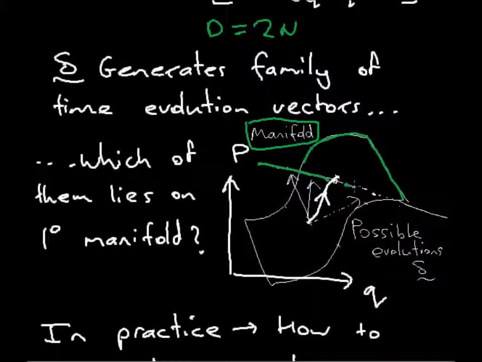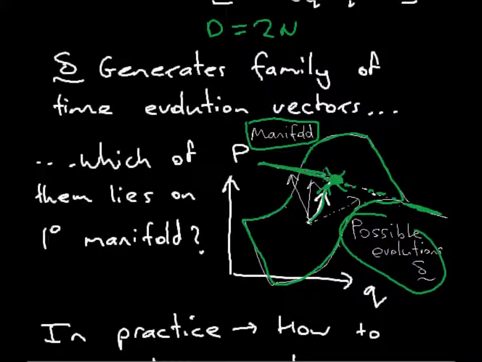So these two surfaces intersect in 2n-dimensional space at a single point. So this schematic here represents the primary manifold as some 2D surface and the space of possible evolution vectors, let's say that's some 1D line, intersecting in 3D space at a single point.